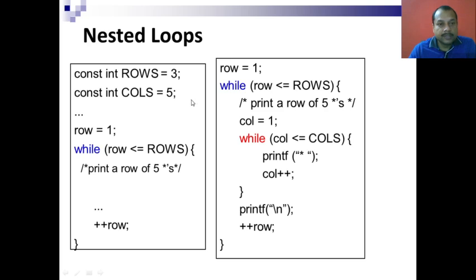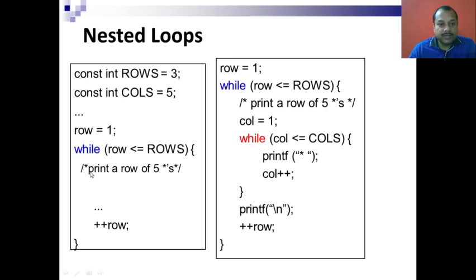After a few steps, I am initializing row as 1, and while row is less than or equal to ROWS, the small row is a variable which controls the row count, and capital ROWS is an integer constant which determines how many rows will be printed finally.